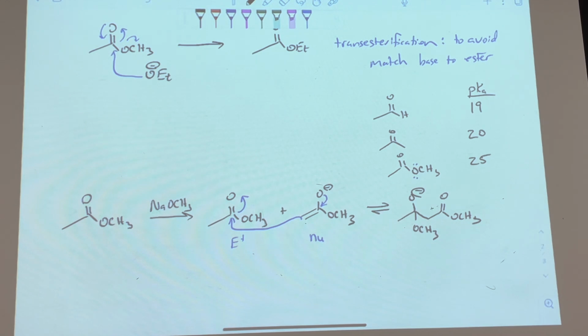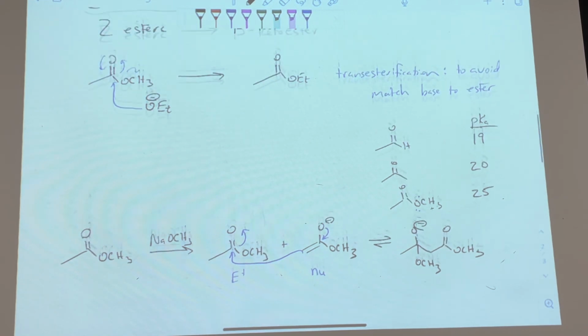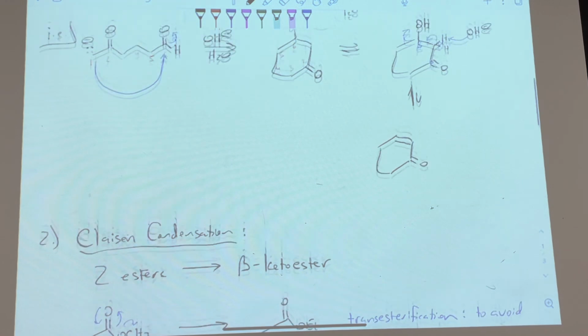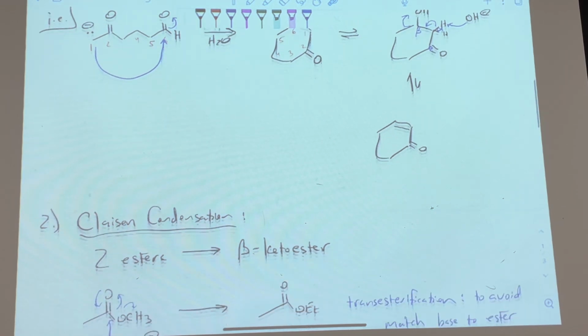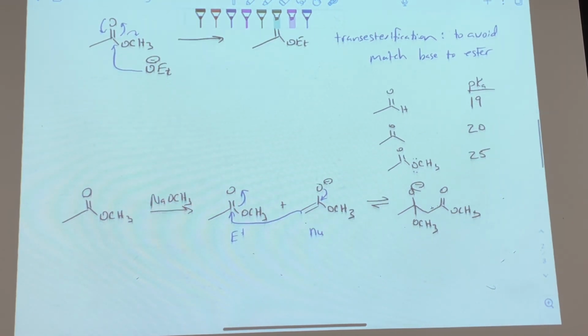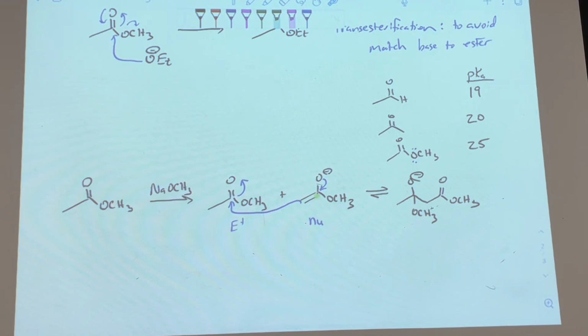Well, if you think about it, in the aldol, you had a nucleophilic attack of the enolate on an aldehyde or a ketone. Well, that's nucleophilic addition. Now, in the Claisen, we have a nucleophilic attack of an enolate on an ester.